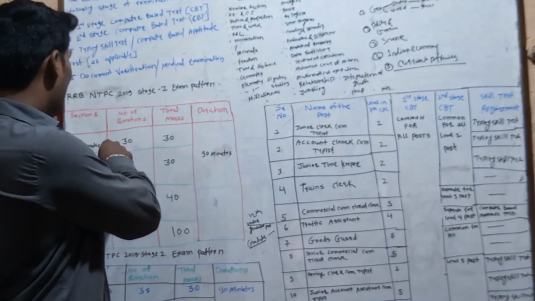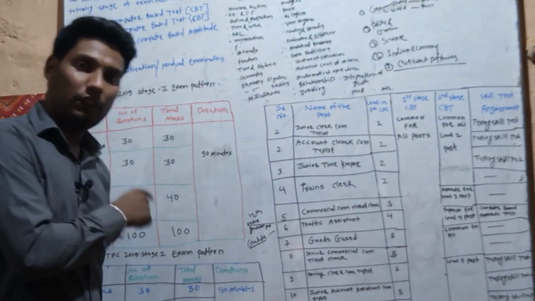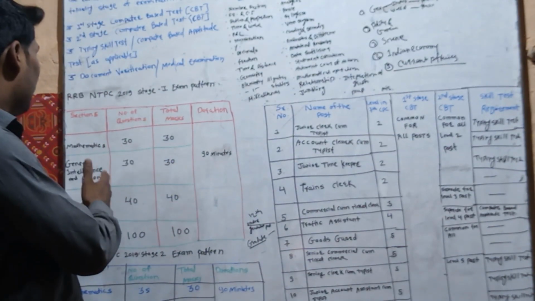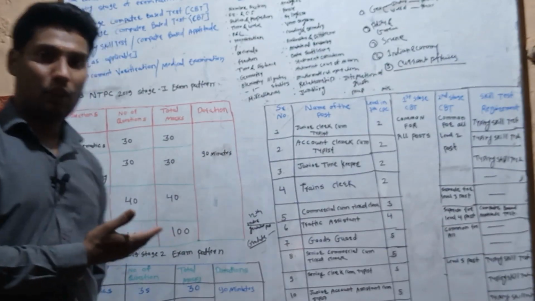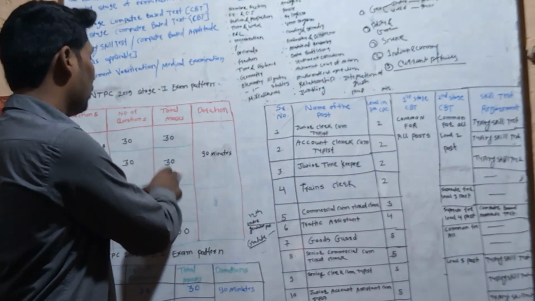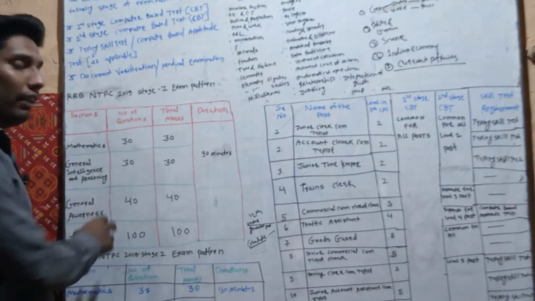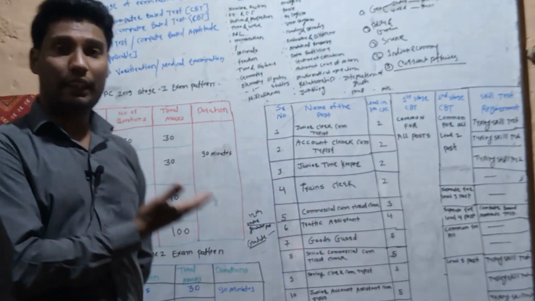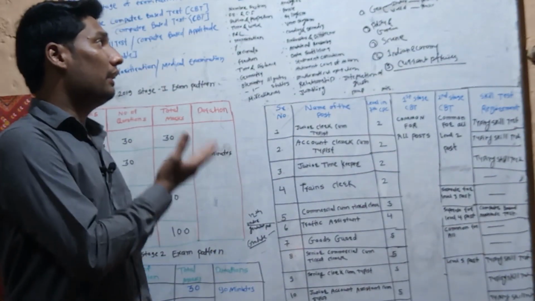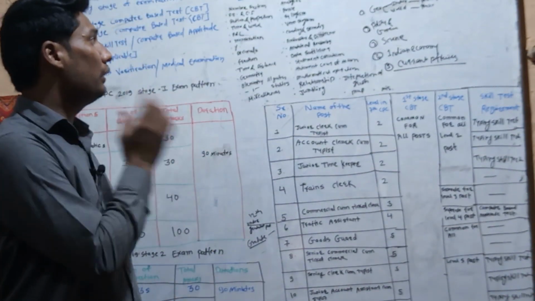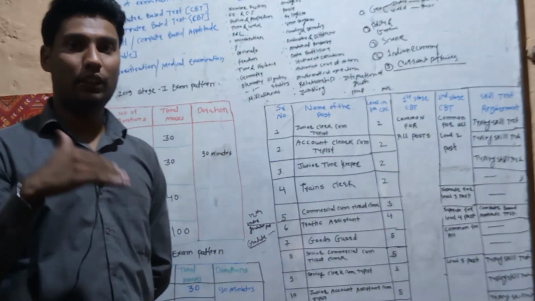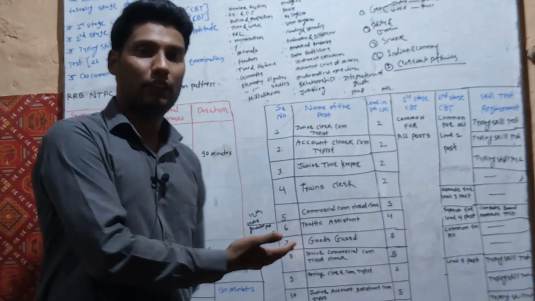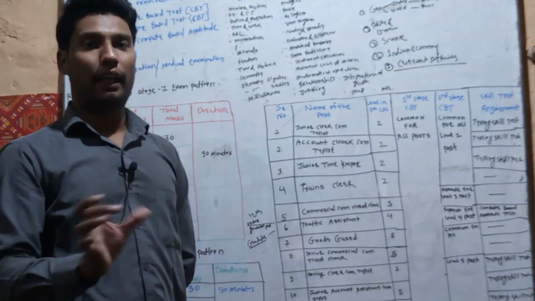In mathematics, the number of questions is 30 and the total marks are 30. General intelligence and reasoning, 30 questions, 30 marks. We will also discuss the subtopics of math, reasoning and general awareness. First we discuss the exam pattern, then the core syllabus of RRB NTPC.